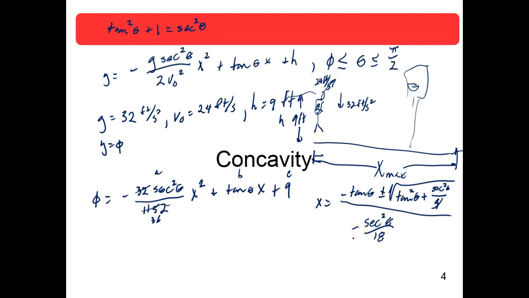Let's flip that over in a sense, and you have 18 tangent theta, x is equal to, and then we have a minus or plus. I'm going to do it like that, though I don't think it really matters. The square root of tangent squared theta plus secant squared theta, and all that's divided by secant squared theta.